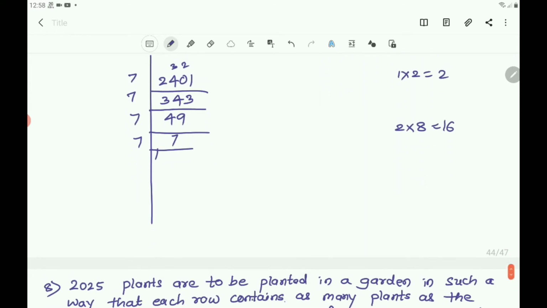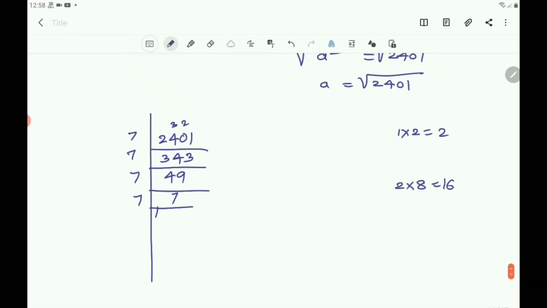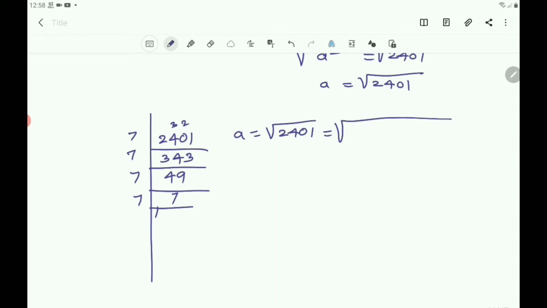So you take the square root of 2401, that is A equals square root of 2401 equals square root of the factors. You write 2401 as 7 into 7 into 7 into 7.